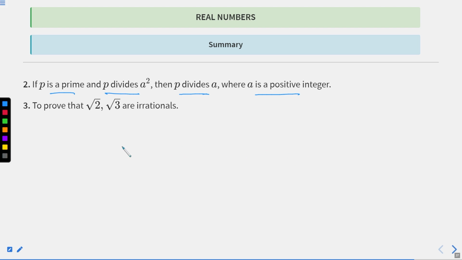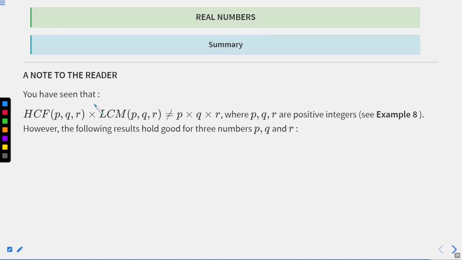Then we discussed proving that root 2 and root 3 are irrational numbers. Here is a note to the reader: HCF of three numbers p, q, r times LCM of three numbers p, q, r does not equal p times q times r.